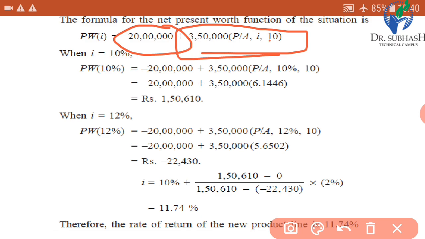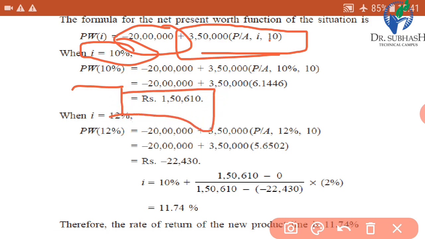Now first we will take the interest rate as 10% and then find the present worth amount. By putting the value of i as 10%, we get 1,50,610. So the value is positive.